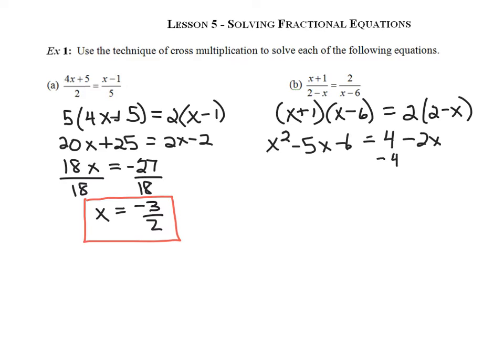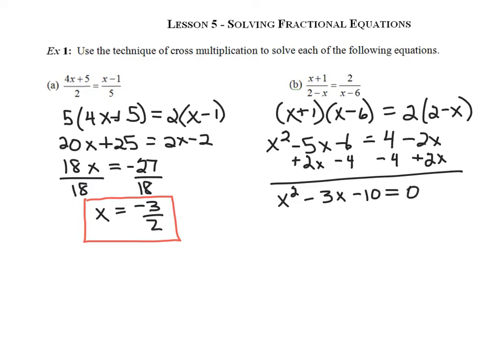I'm going to subtract 4 and add 2x to both sides of the equation so that I'll have the equation equal to 0. So in standard form, I'm starting with x squared minus 3x minus 10 equals 0. This is factorable, so x minus 5 times x plus 2 equals 0.